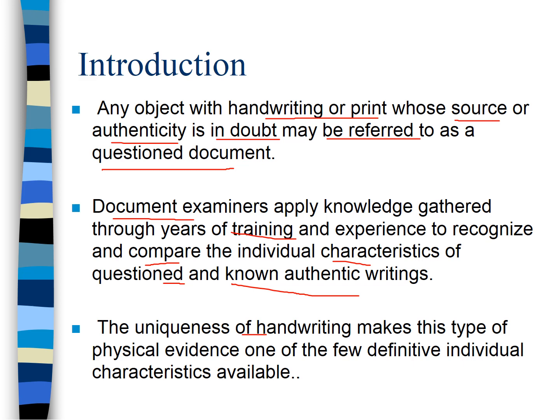So disebabkan keunikan handwriting manusia ni, this makes this type of physical evidence one of the few definite individual characteristics available. Okay, sebab tulisan manusia boleh berubah. Dia bukan berubah mengikut masa. Kadang-kadang mengikut kita punya kelajuan ataupun kita tulis slow, tekanan, itu akan mengubah kita punya handwriting.